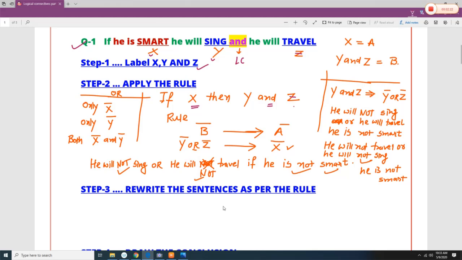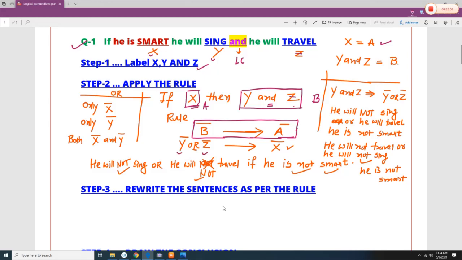The rule says that you assume the X part is A, and the Y and Z part you assume is B. This is A and this is B. And the rule is B bar to A bar. Now what is B? B is Y negation or Z negation, and it will lead to X bar, because A bar is equal to X bar.